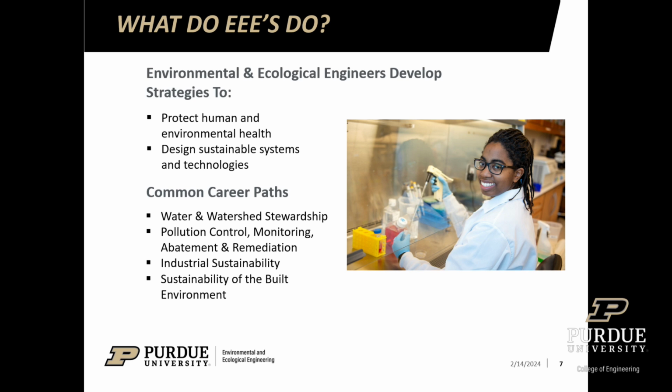Common career pathways that our alumni go toward, there are 4 bullets here. The top 2 are what we define as very traditional or classic environmental, focused primarily on water and watershed stewardship, pollution control, monitoring and remediation. The last 2 bullets are more within a zone that we classify as industrial sustainability.